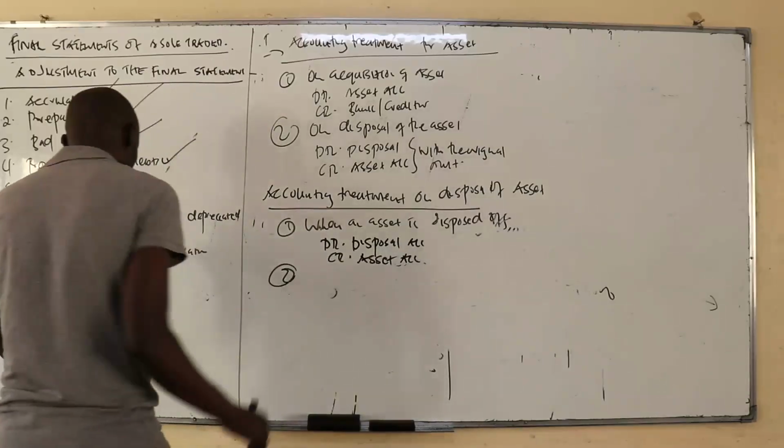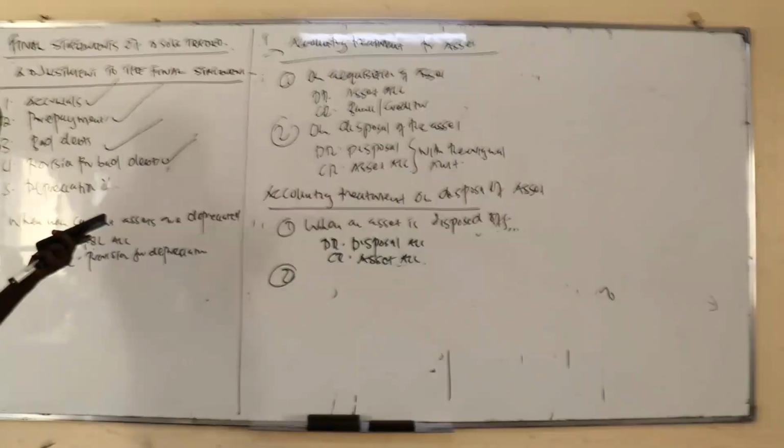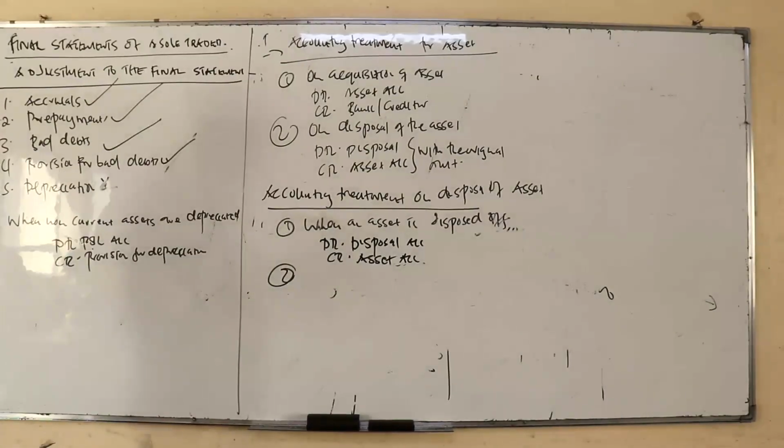Number two, with the total depreciation provided to the date of asset disposal. When you're disposing of this asset, it means you have been with it for a while, maybe one year, two years, or whatever. For this period you have been charging it depreciation.